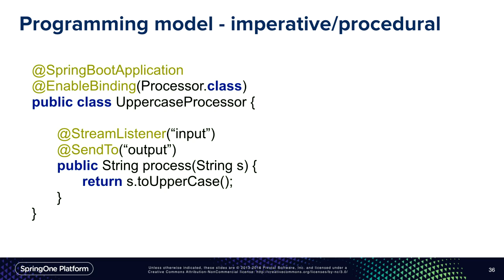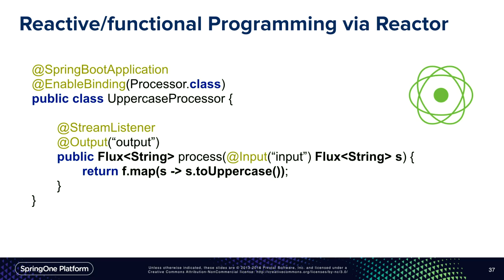What's not that nice about it is that it kind of removes the perspective that it's not individual items that we are processing. We are processing streams of data. So it doesn't allow you a more holistic view of your incoming data, which is why we've added functional programming or reactive programming support through Reactor.